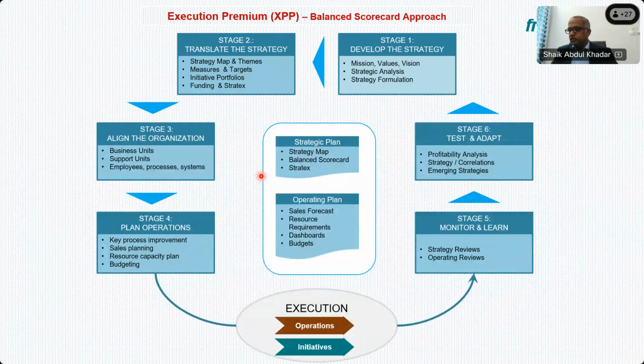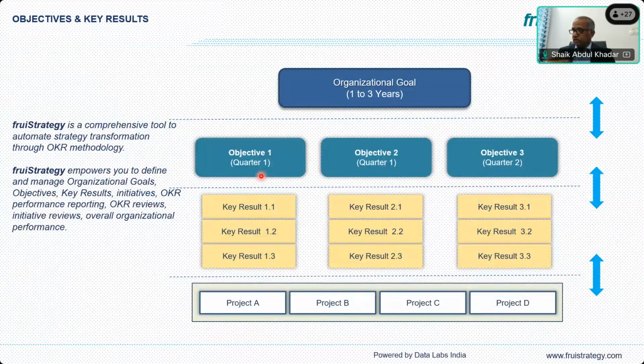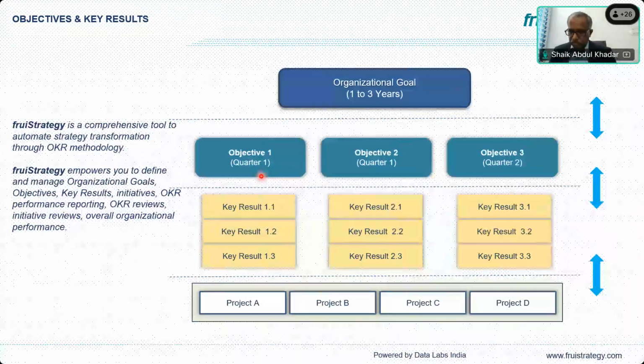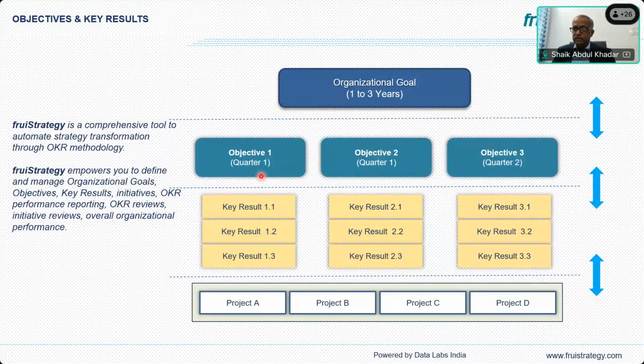Built on the framework of Execution Premium with all 6 stages, you must be aware of all this. Execution Premium is a balanced scorecard framework for strategy transformation. Objectives and key results is one methodology, but many people say it is not a competitor.